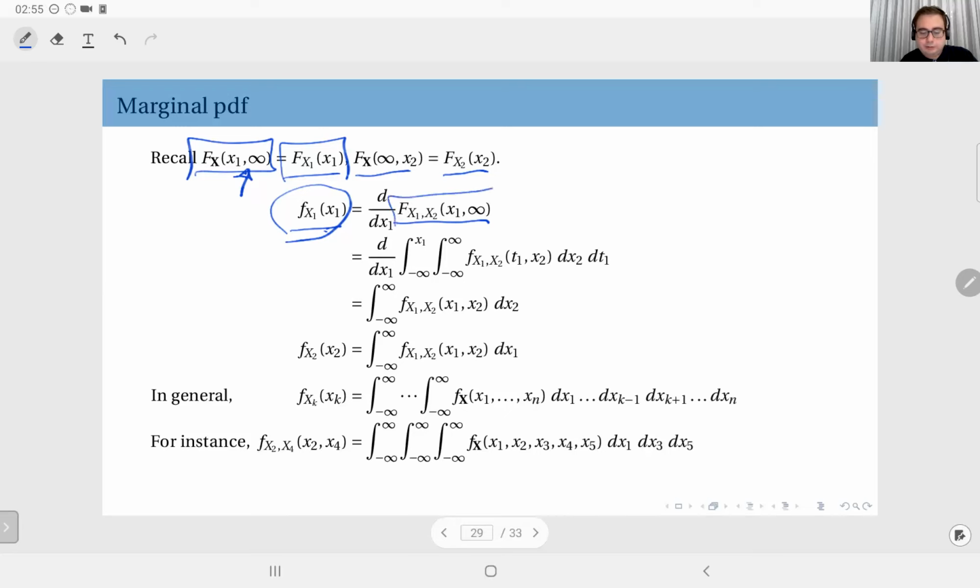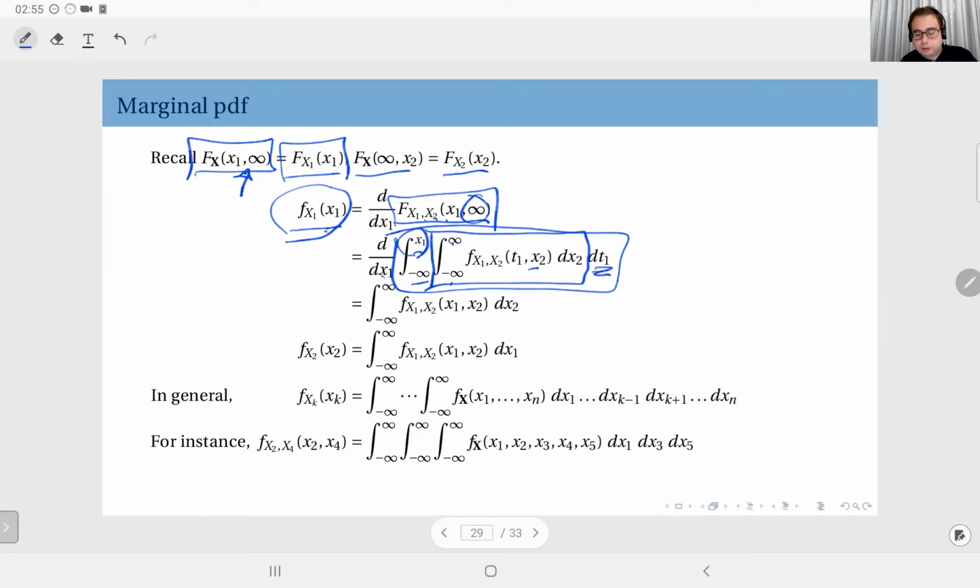And I can write this as an integral. Well, t1 goes from minus infinity to x1, and t2 goes from minus infinity to infinity, because this is infinity, right? When you differentiate this double integral with respect to x1, by the fundamental theorem of calculus, you just get what is inside, evaluated at x1 for t1.